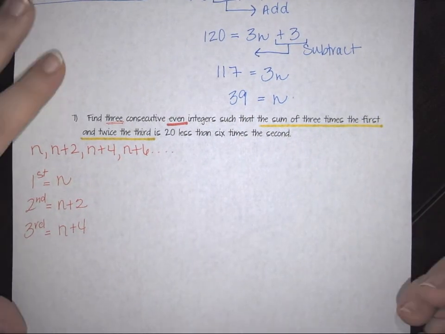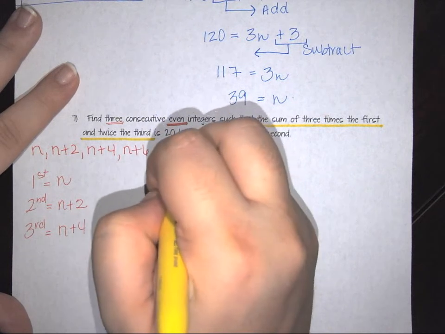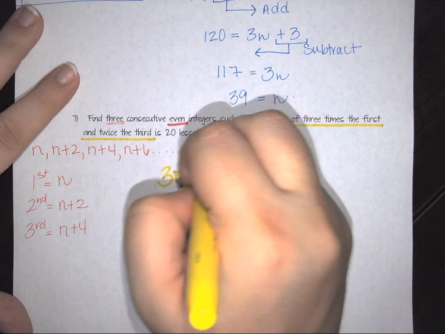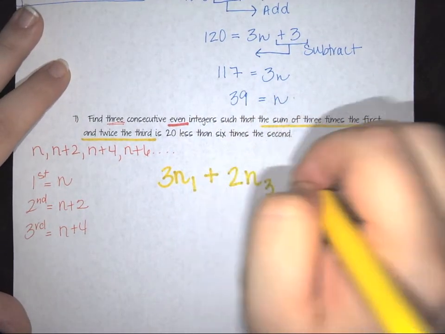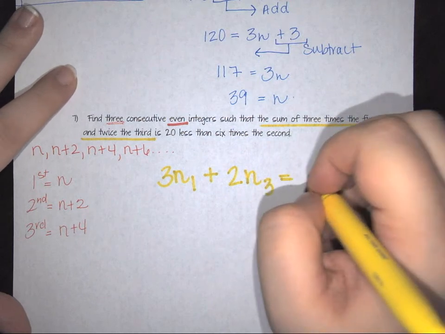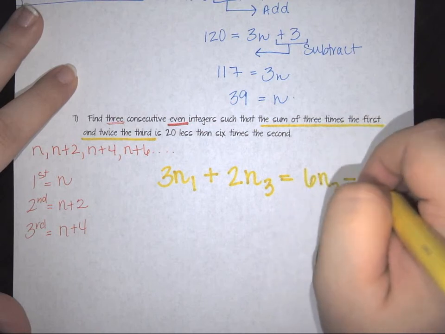So 3 times the first would be 3 times n1 plus twice the third, twice n3, is equal to 20 less than 6 times the second. So that means 6 times n2 minus 20.